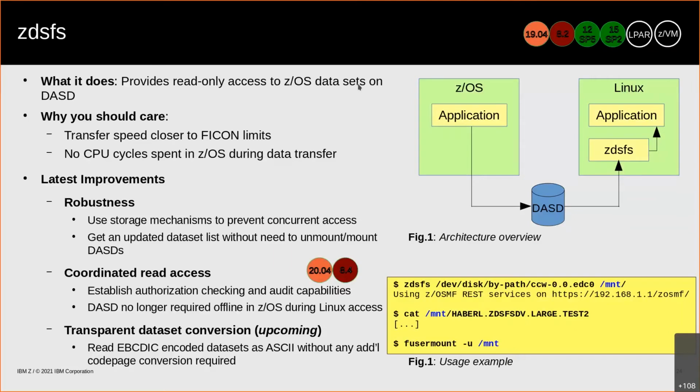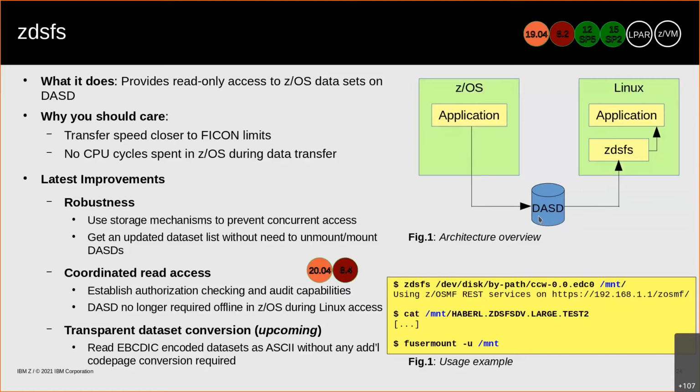So what are we talking about? Here's a small picture to give you an idea. You have a z/OS application which writes data to a DASD, and now the price question is, what's the fastest and most efficient way to access that data on that DASD from Linux?